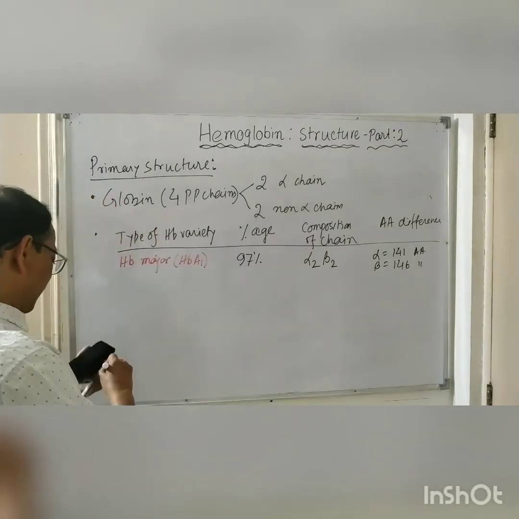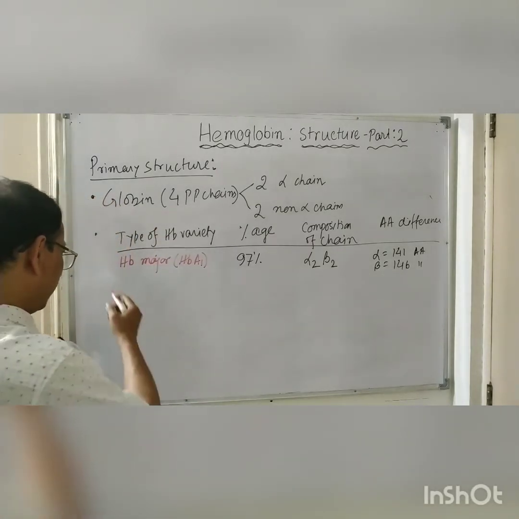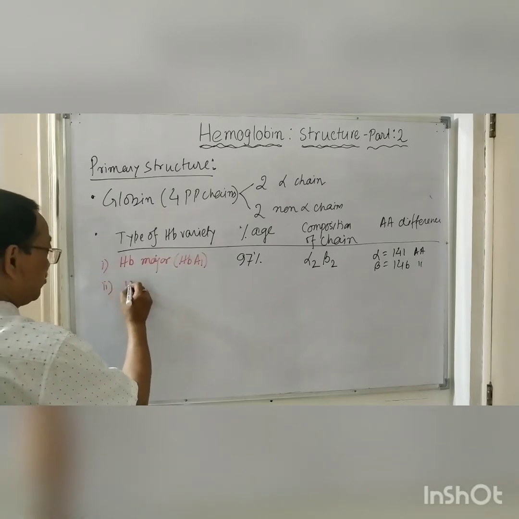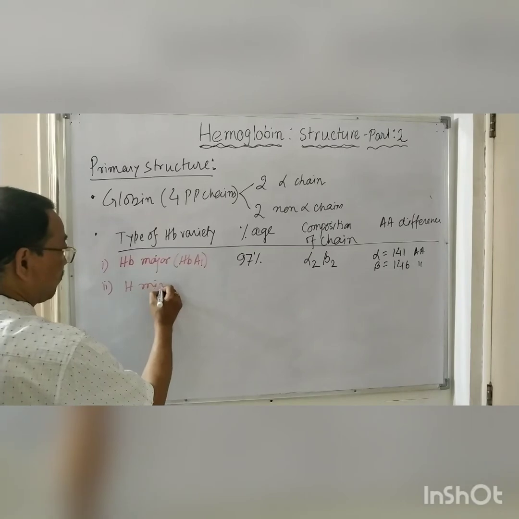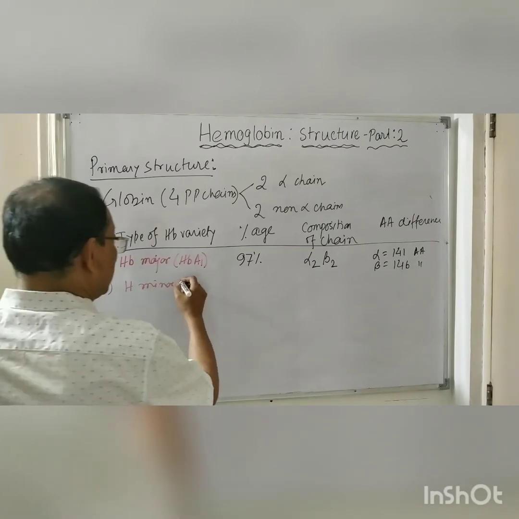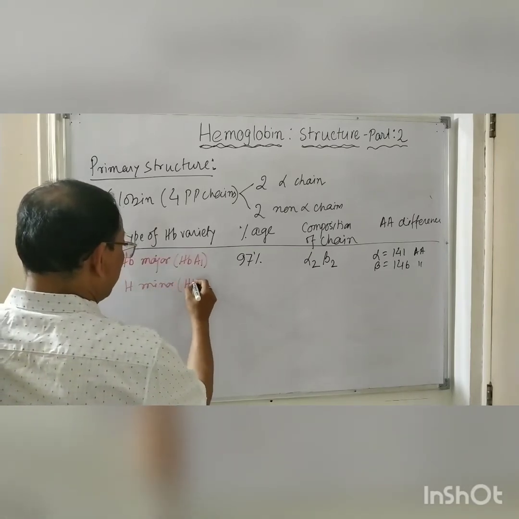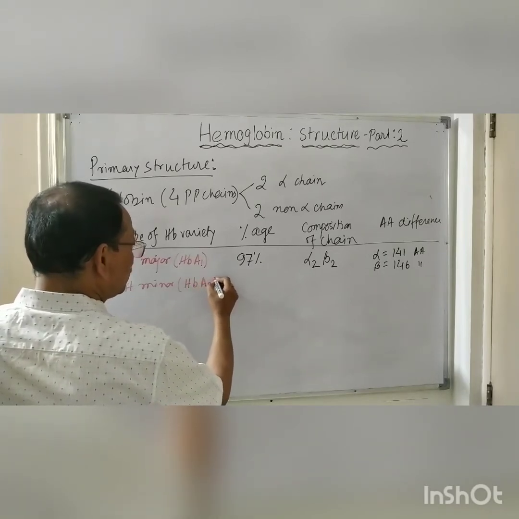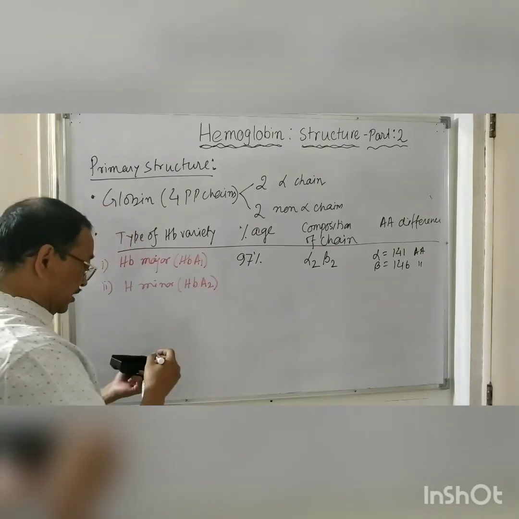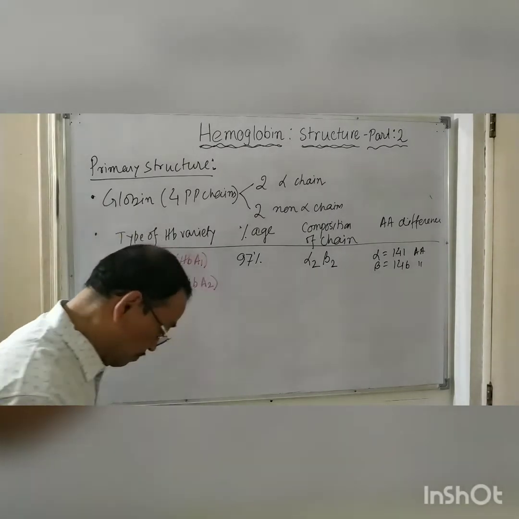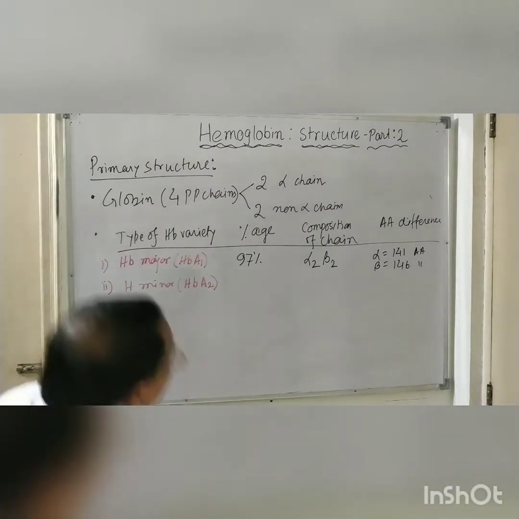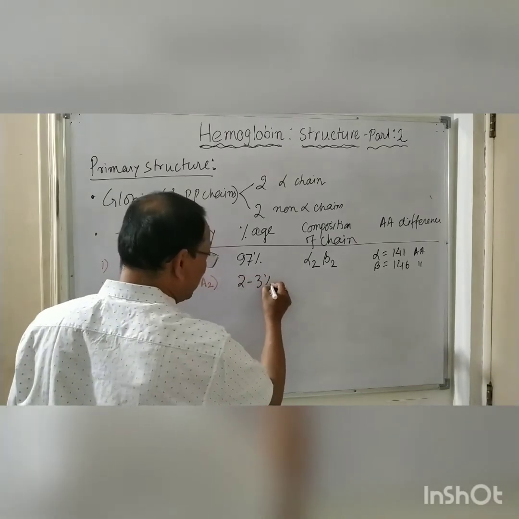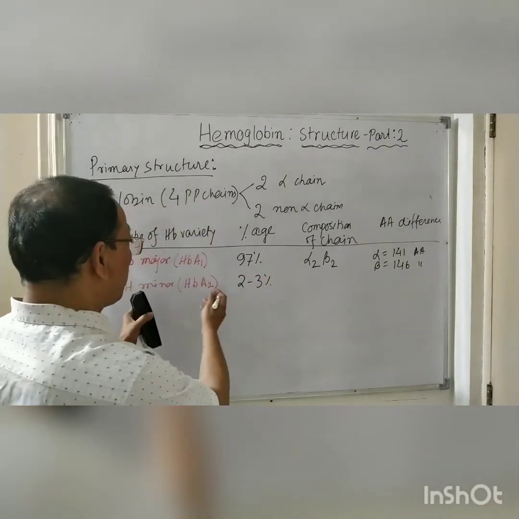Now regarding the second variety, the first being the number one variety, the second variety is known as hemoglobin minor. This is also known as hemoglobin A2. The percentage of this one is around 2 to 3%, which is why it is minor hemoglobin.